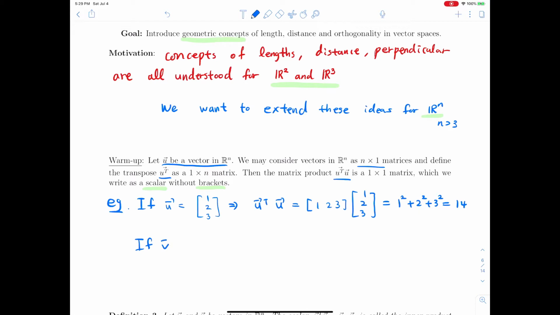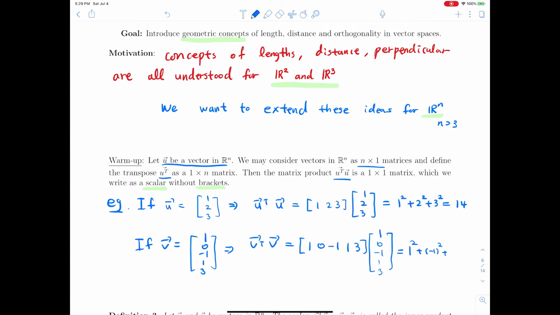Similarly, if you have v equals (1, 0, -1, 1, 3), then we can calculate v transpose times v as (1, 0, -1, 1, 3) multiplied by (1, 0, -1, 1, 3). This equals 1 squared plus 0 squared plus (-1) squared plus 1 squared plus 3 squared, which gives you 12.